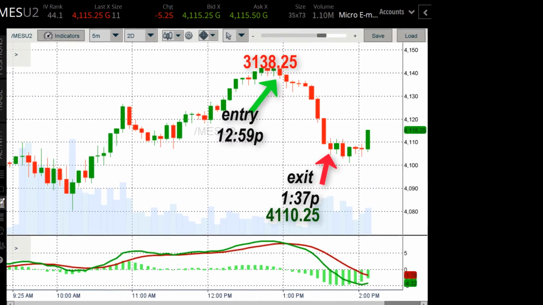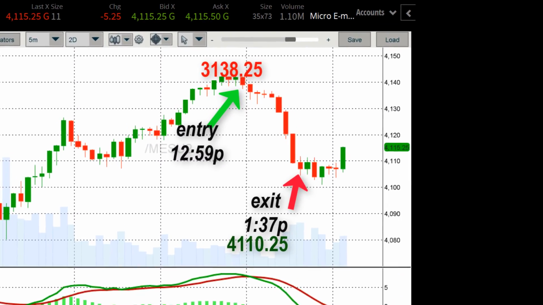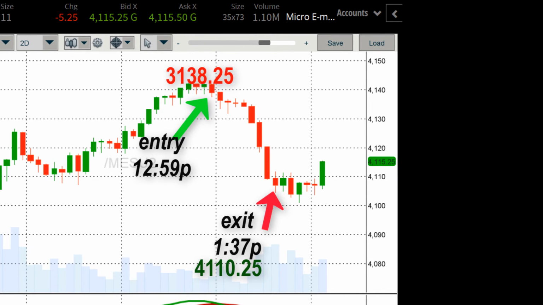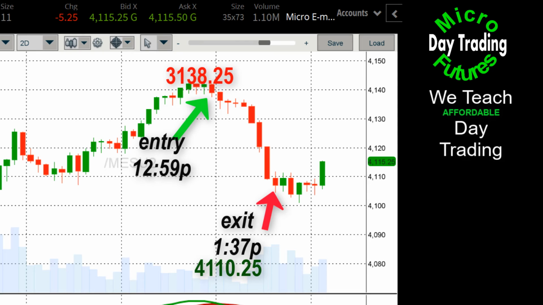I guess we call this the trade review. So here's how it went down. At 12:59 p.m., all this is Eastern Time, I entered by shorting a contract at 41.38 1/4. 38 minutes later, I closed by making a purchase at 41.10.25 for a profit of $140.